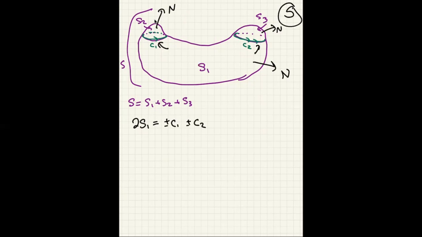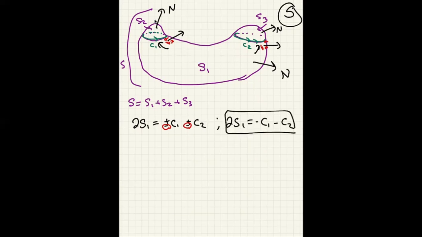If I draw an arrow of a normal vector that's very close, and I draw a counterclockwise rotation, I'm disagreeing at C1, so I have negative C1 right there. Let's do the same thing over here. Again, that's minus, so the boundary of S1 is a negative copy of C1 minus a copy of C2.